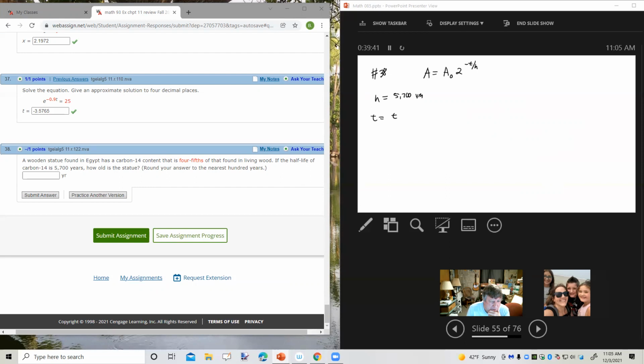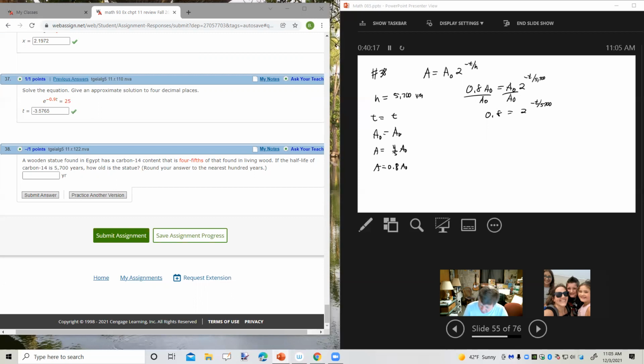The final amount is 4/5 of the original amount, so if the original amount is A sub 0, the final amount is 0.8 A sub 0. Putting that in and dividing both sides by A sub 0, 0.8 equals 2 to the negative t over 5,700 years.